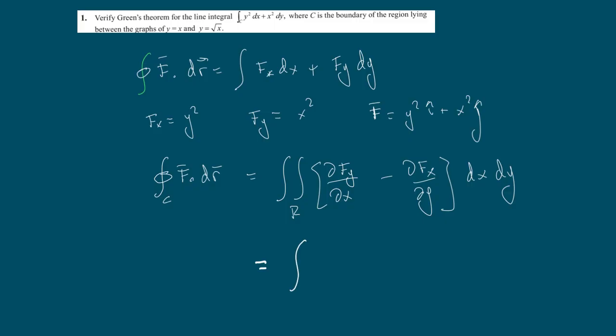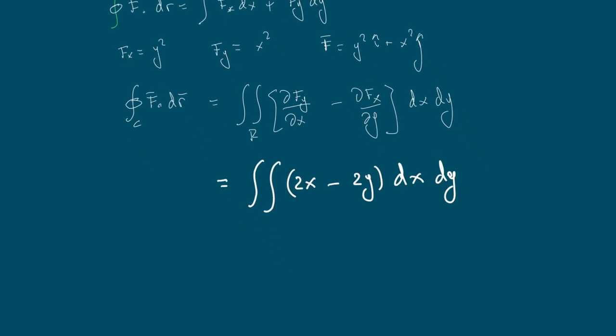So this will be the double integral of the partial derivative of F_y with respect to x, so this is 2x, minus the partial derivative of the x component of the vector field with respect to y, this is 2y, dx dy. Okay, so what is the region R of integration?